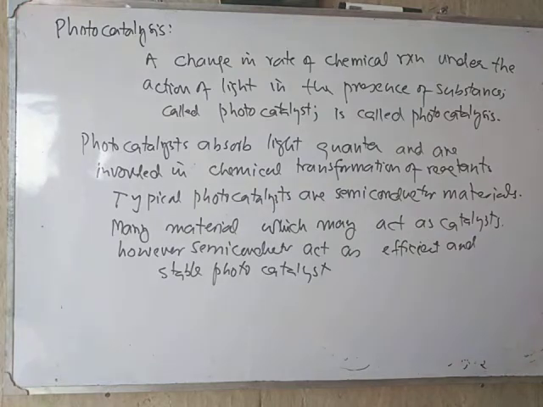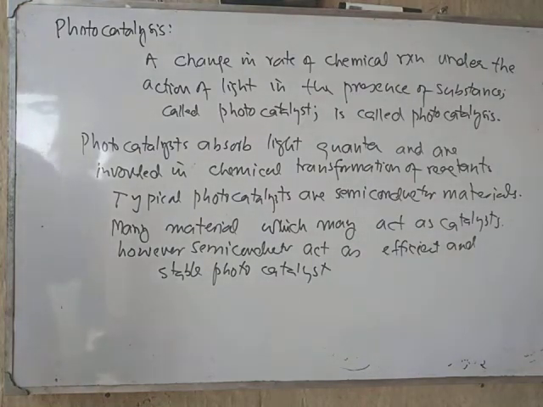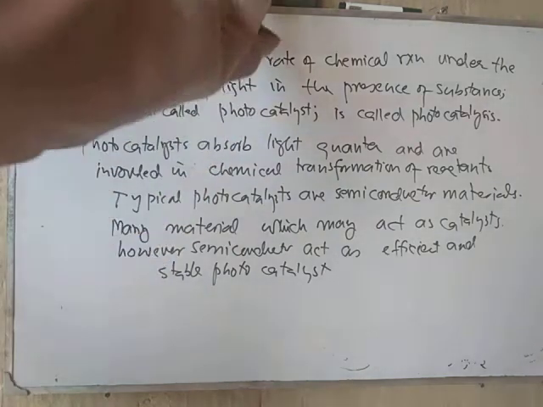Besides, इसके अलावा semiconductor के अलावा और भी ऐसे metal oxides हैं जिनको as a photocatalyst use कर सकते हैं, लेकिन उनकी activity कम है as compared to the semiconductor.